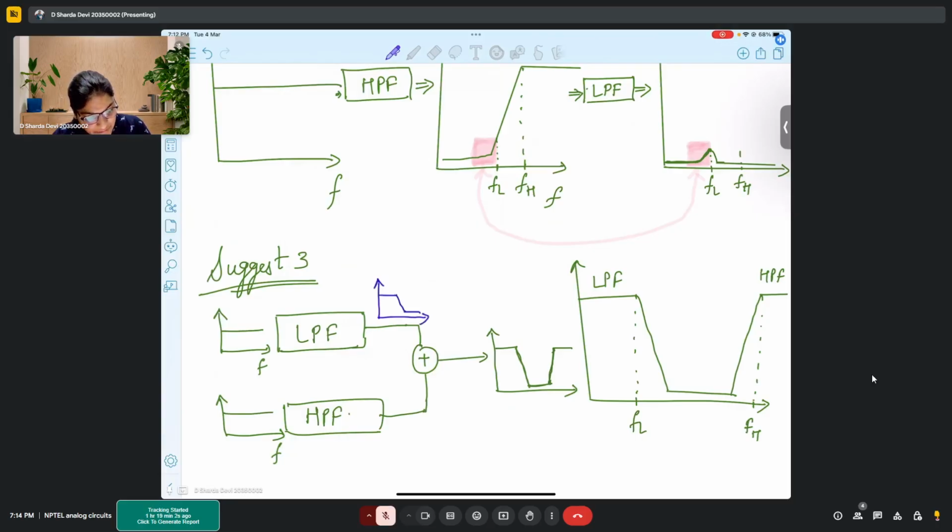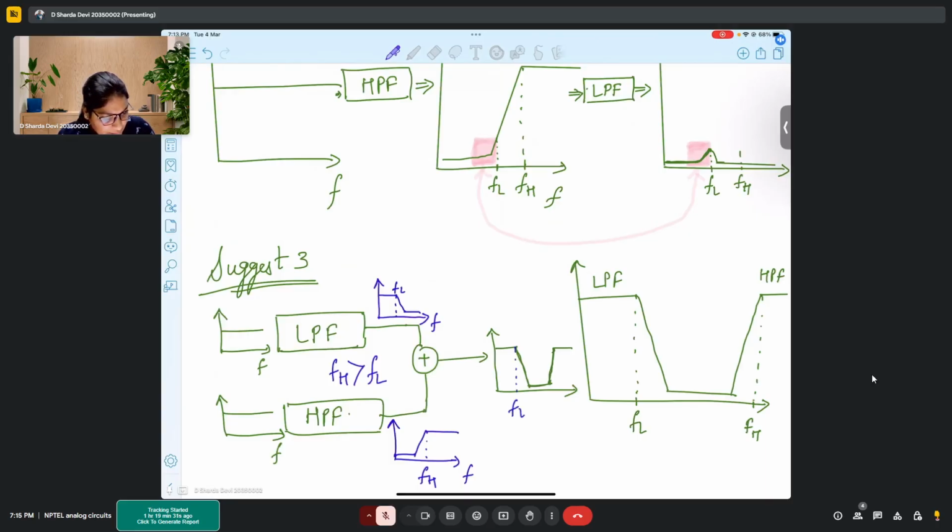See, here the behavior would be like this. Here the behavior would be somewhat like this. The only condition I want to consider here is FL, this is FH. FH is greater than FL.